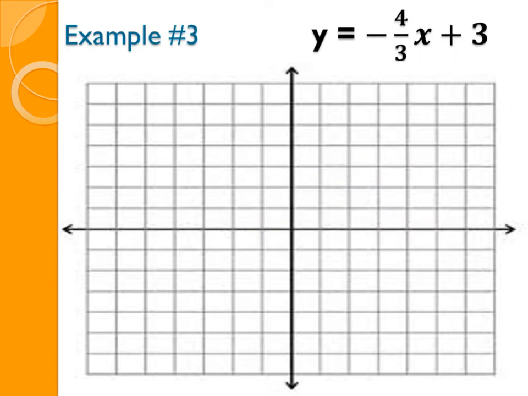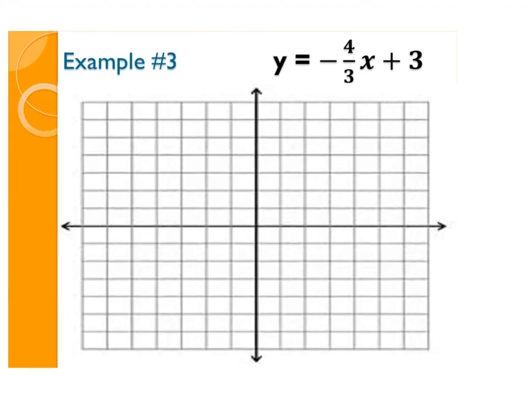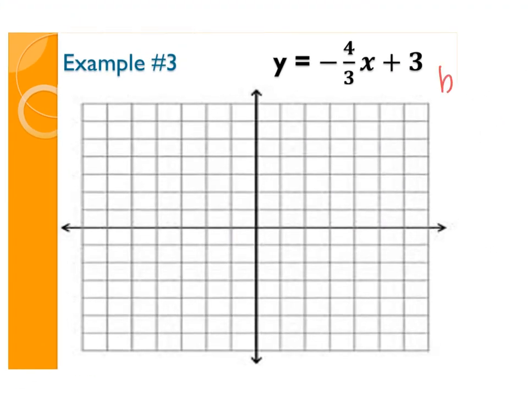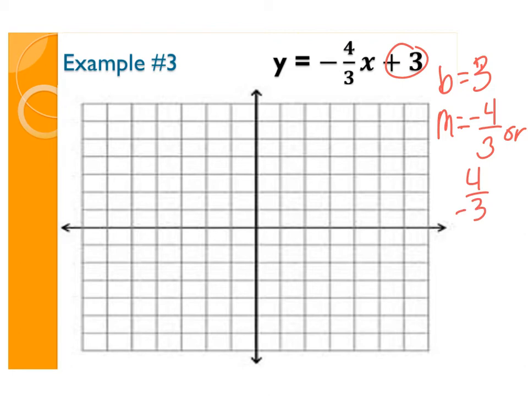And we draw. So on number 3, my b is +3. My m is -4/3. Or you can do 4/-3. It does not matter which one you put the negative with, the rise or the run.